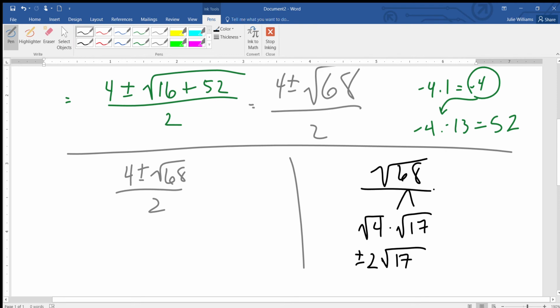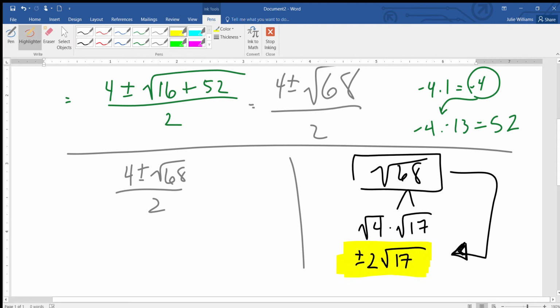So the square root of 68, in simplified form, is plus or minus 2 times the square root of 17. So we're going to be inserting that for the square root of 68 in the solution that we just came up with for this quadratic. So I'm going to use a different color.